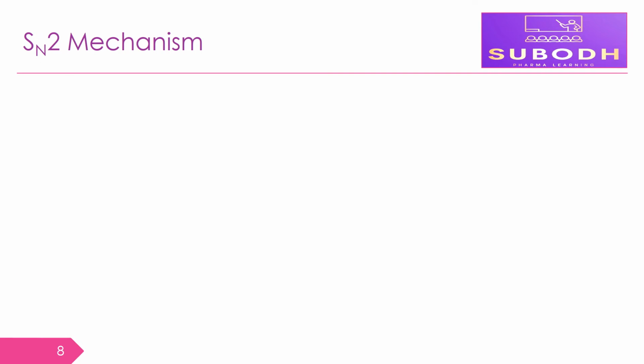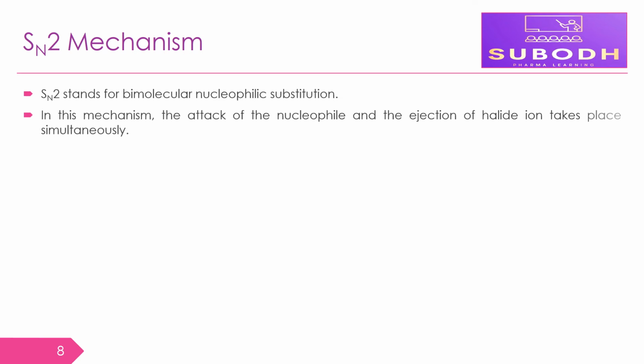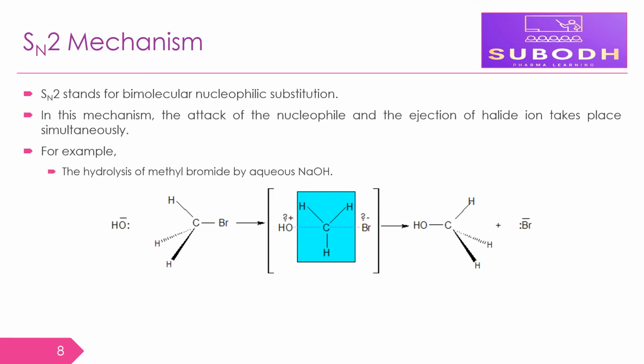Now we will see SN2 mechanism. SN2 stands for bimolecular nucleophilic substitution. In this, the attack of nucleophile and the ejection of halide ion takes place simultaneously. For example, the hydrolysis of methyl bromide by aqueous NaOH.